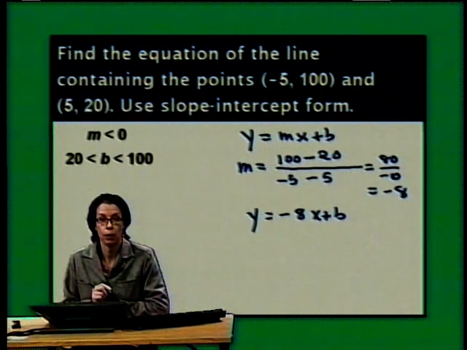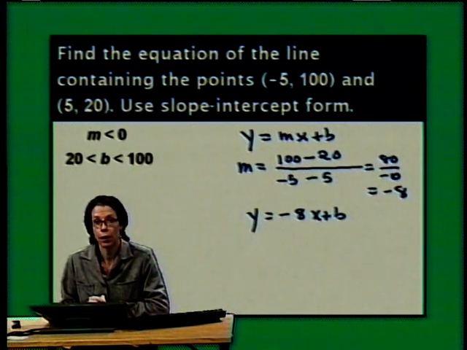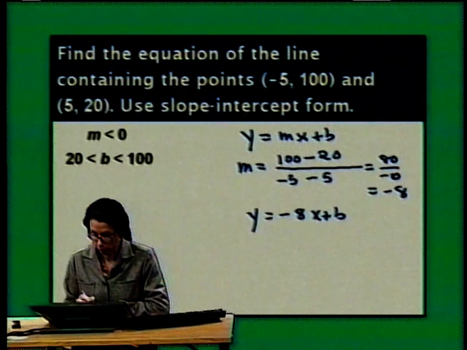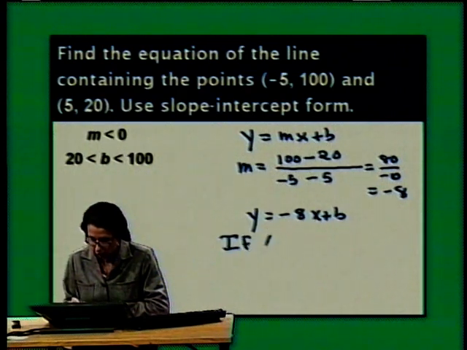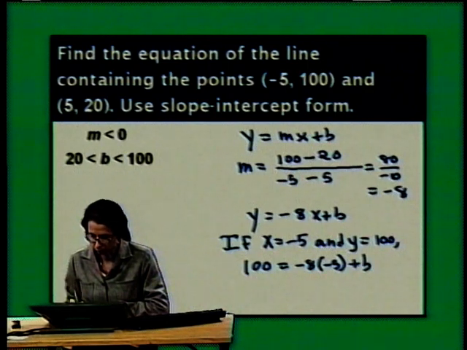Now I need to find b. I can use either of my ordered pairs to determine b. I'm going to use the ordered pair negative 5, 100. So if x equals negative 5 and y equals 100, then we have 100 equals negative 8 times negative 5 plus b.